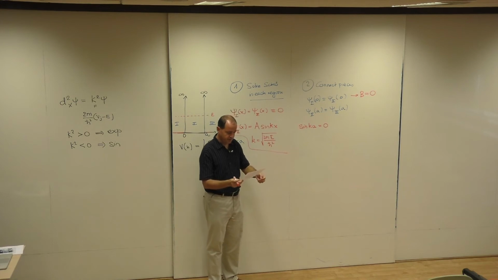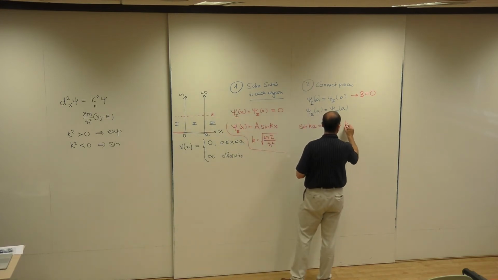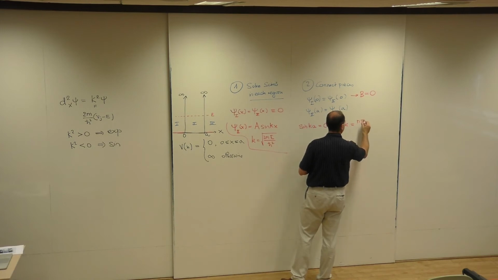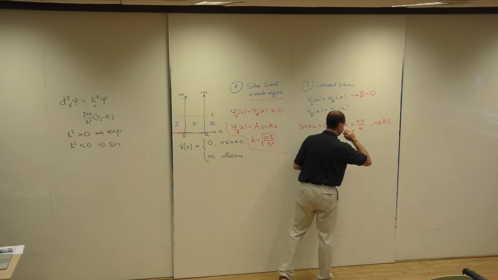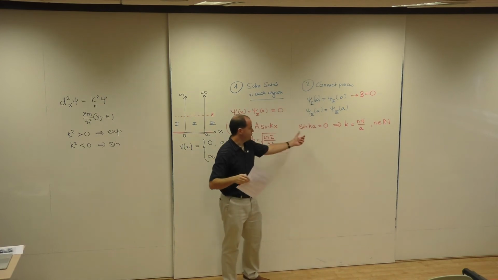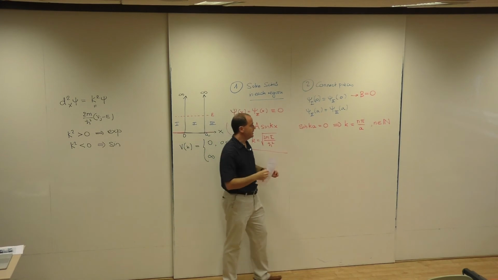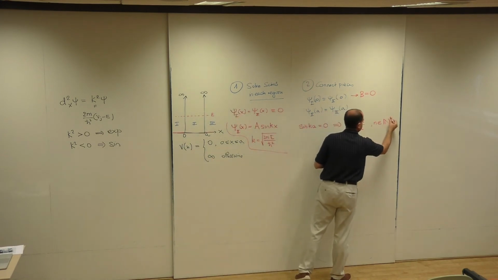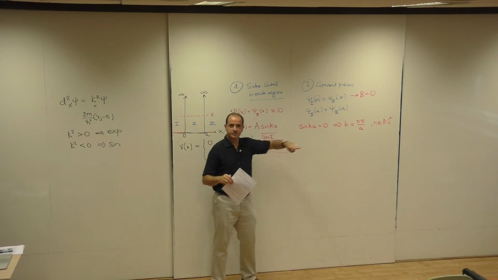If this must be the case, then k must be equal to n times pi over A, for n, in this case, natural. The negative solution, we just put a minus sign, which is a global phase, so we can just stay there. And natural plus, because n equals 0 would give again the wave function that is 0 all over the place.